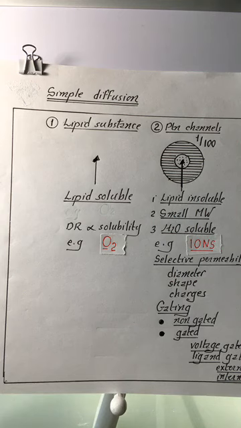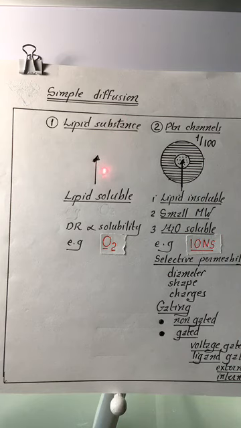I think they should be lipid soluble. Lipid soluble substances or molecules can pass through the lipid substance. The membrane is lipid and they are lipid soluble. There is no problem, so they will pass through the lipid substance.